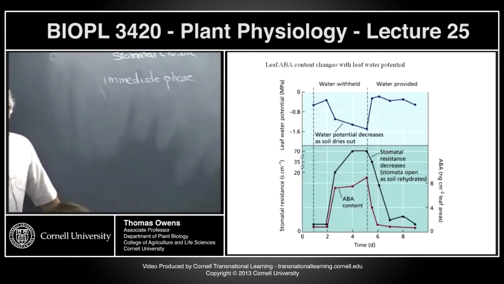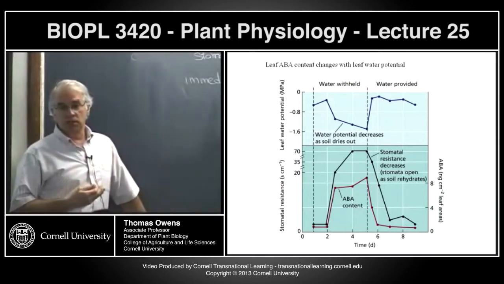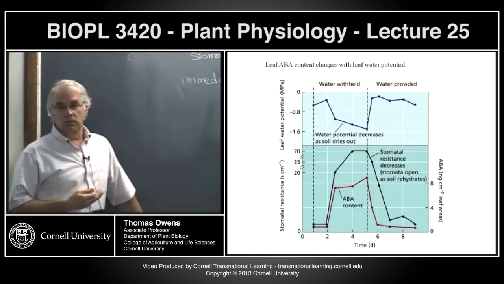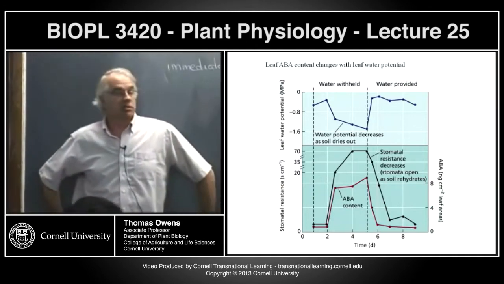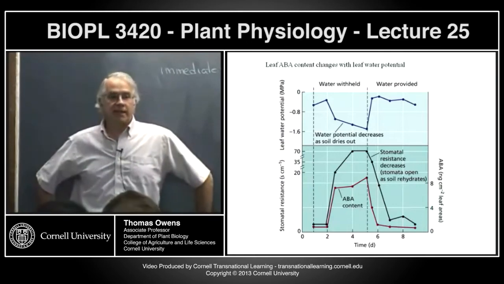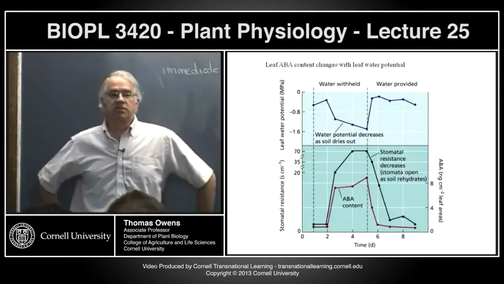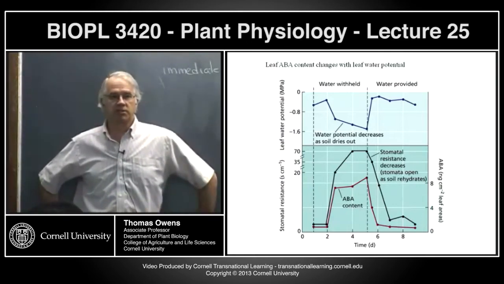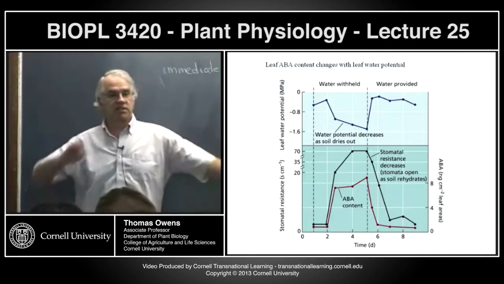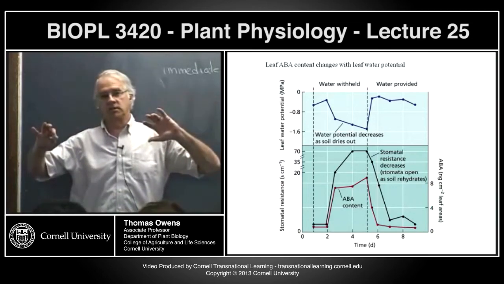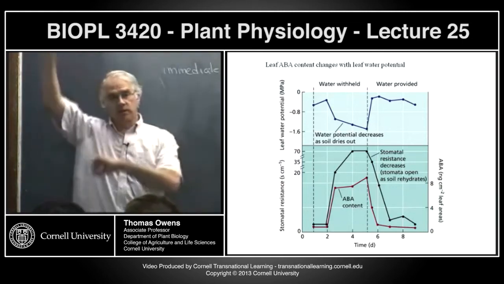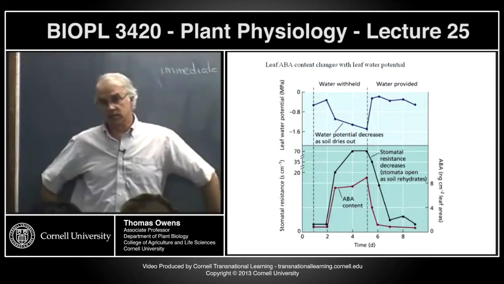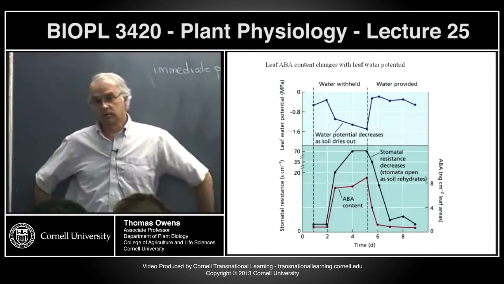If you lower the water potential in the roots, if the soil becomes dry, or if you added salt to the soil, how long will it take before the leaves sense that change in water potential? Let me rephrase the question. What connects the water potential in the soil to the water potential in the leaves?